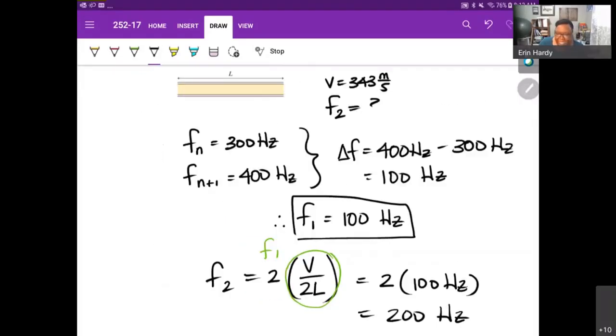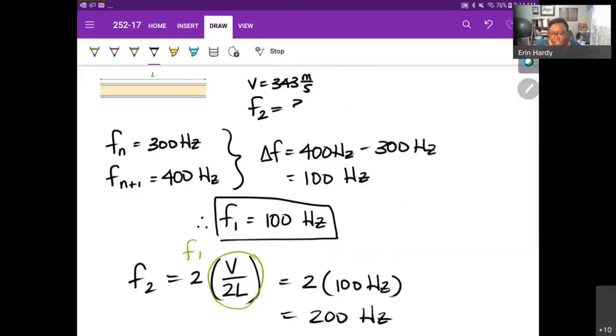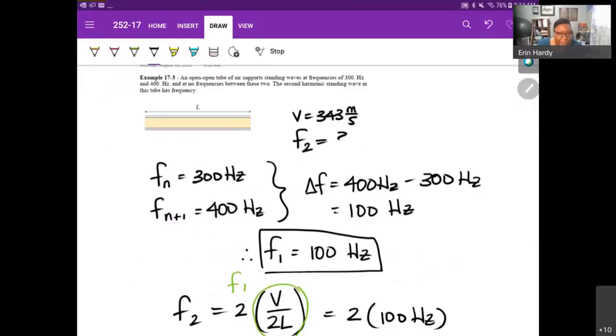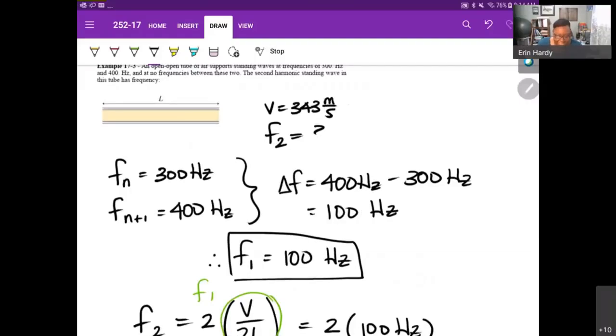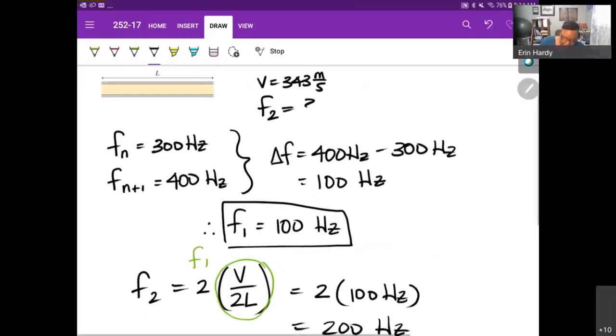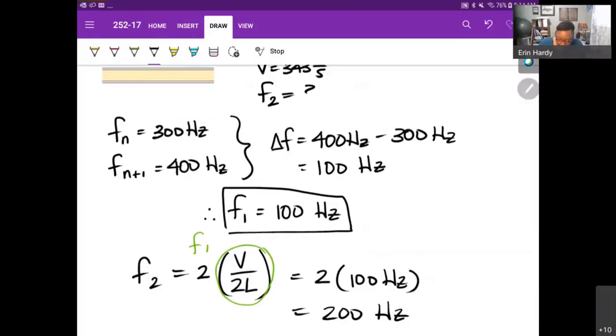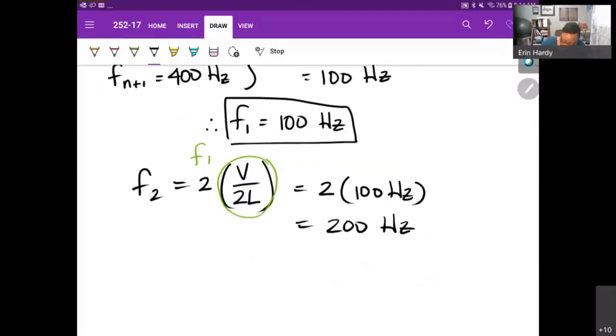We weren't really given explicit information about which m values match up with 300 and 400 hertz, but we can see that the 300 hertz standing wave is going to have to be m equal to 3, and the 400 is going to be m equal to 4. So in other words, f1 we know is 100 hertz. Therefore f2 is going to be 200.